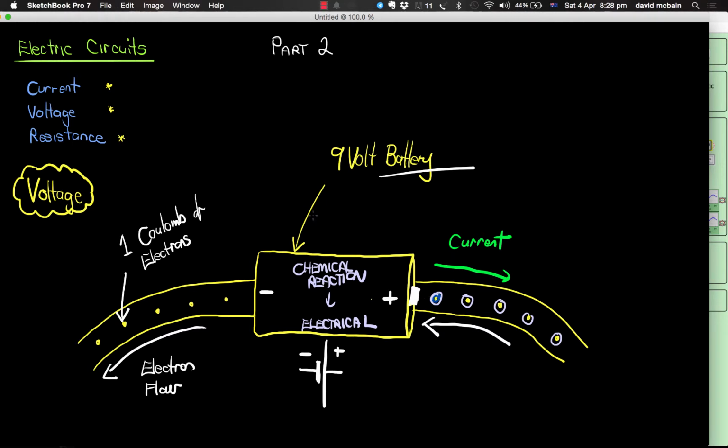In fact, if this is a 9-volt battery, what that means is that each coulomb of electrons as it enters the battery will gain 9 joules of energy as it passes through.